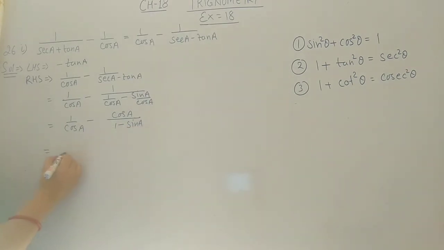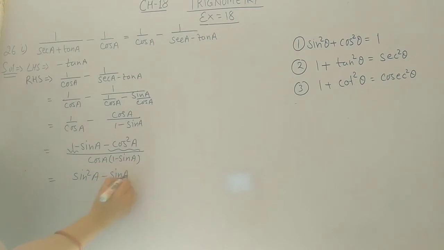Next step, take the LCM for both the terms: cos A (1 − sin A). Here 1 minus sin A minus cos square A. So in place of this 1 minus cos square A, with the help of the first identity we can write sin square A. So 1 minus cos square A is equal to sin square A, minus sin A, by cos A (1 − sin A).